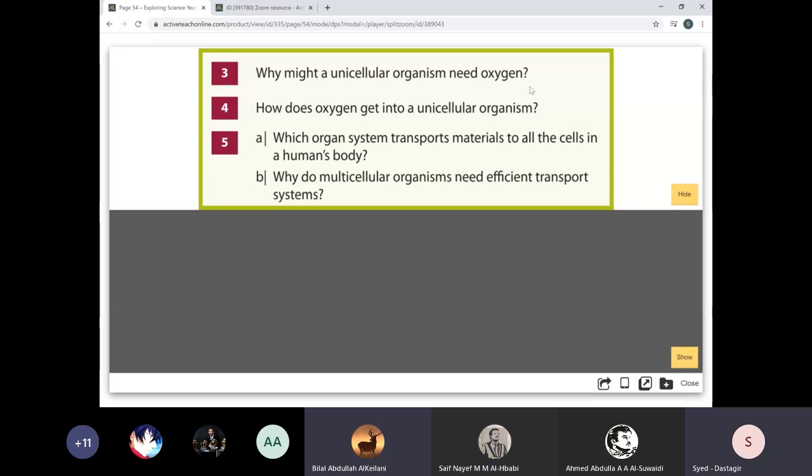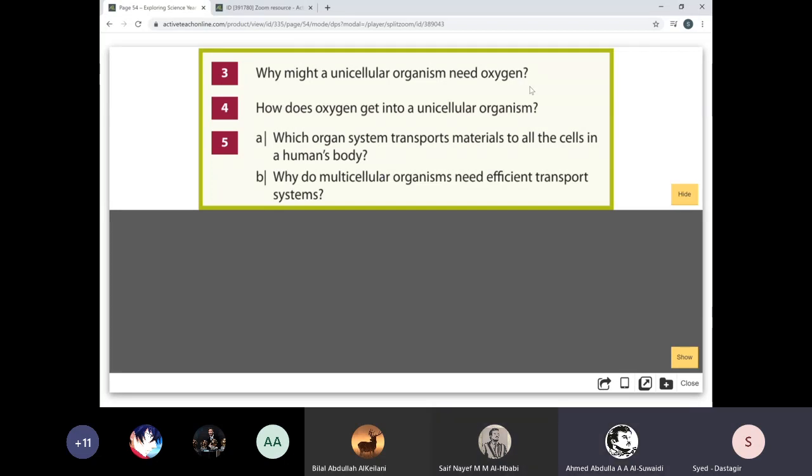Excellent, okay. Ahmed Swedi, what did you say? Mister, I wrote that to diffuse into the cell and diffuse around of the cell. Okay, you're saying how it takes in oxygen. You're not saying why it needs it.